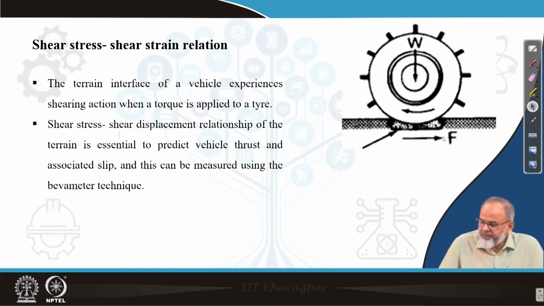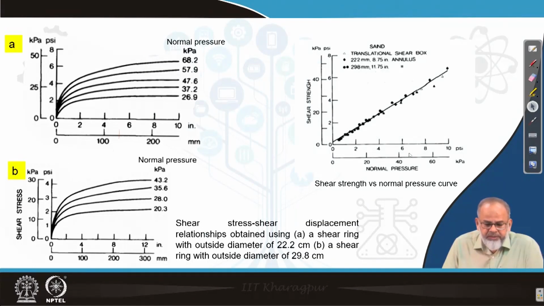So, there are different ways which we talked about to find out the shear stress. One is the Bekker technique, where you carry out plate sinkage test and shear annulus test to find out the shear strength of soil.